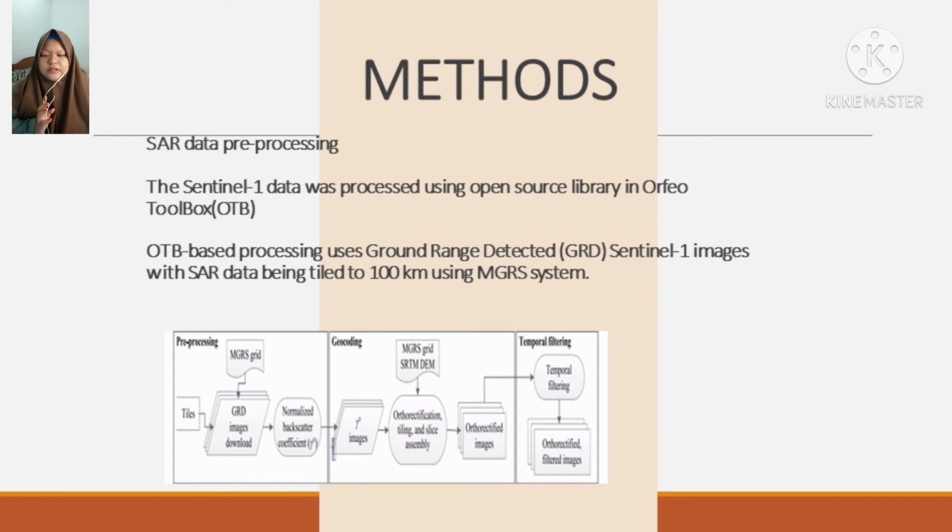The method used in this article starts with SAR data pre-processing. The Sentinel-1 data was processed using the open source library Orfeo Toolbox (OTB). OTB-based processing used ground range detected Sentinel-1 images with SAR data being tiled to 100 km using the MGRS system. This is a figure of pre-processing, geocoding, and temporal filtering.